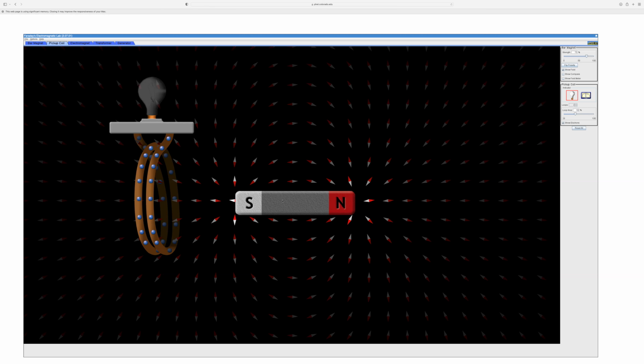So Lenz's law. You know the spelling of Lenz's law, right? L-E-N-Z.